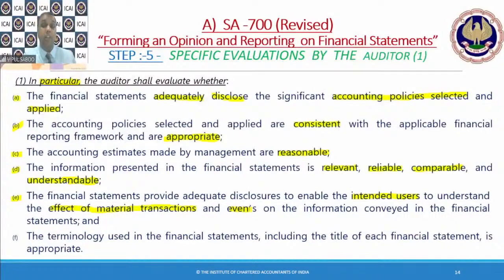The company lost a case to the other party, and the amount involved is huge. This is going to affect the financial statements of the next year. Whether it's a plus or a minus, good news or bad news, whatever it is, adequate disclosures should be there with the financial statement so that the intended users can understand their effect as of date and in the near future as well.